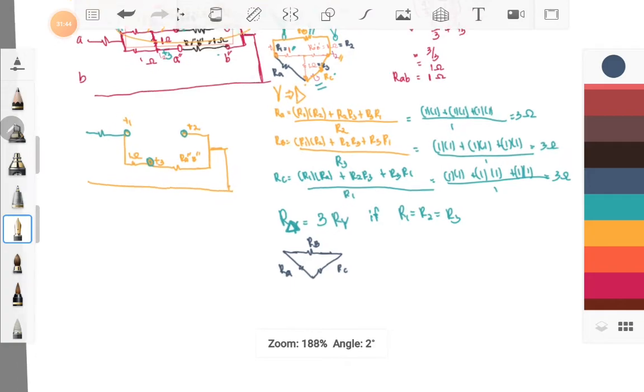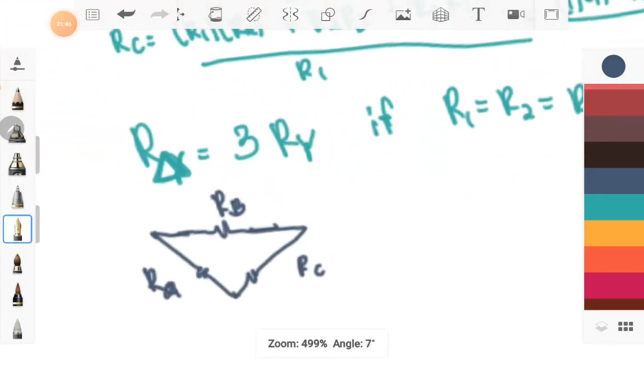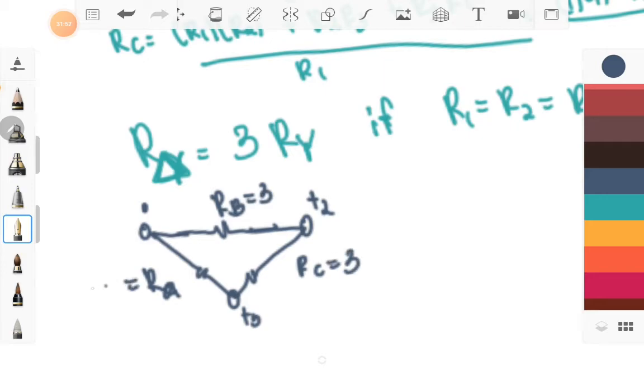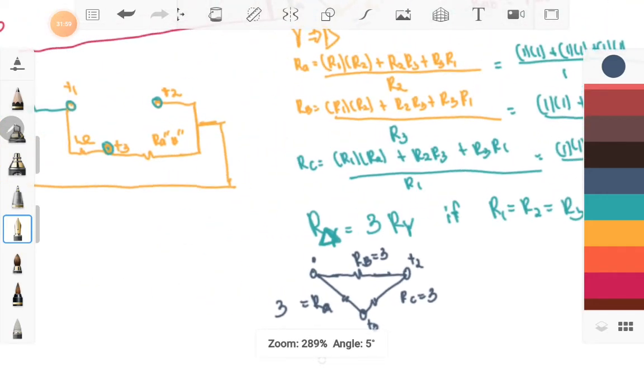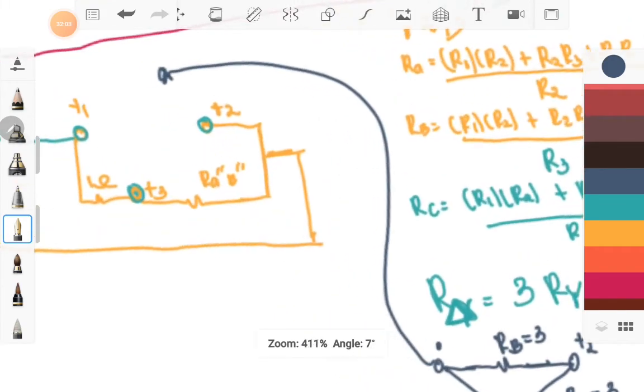These will be your terminals 1, 2, and 3. Take note that your RB is equal to 3 ohm, your RC is equal to 3 ohm, and your RA is also equal to 3 ohm. Reconnecting it to this equation, we have 3 ohm.